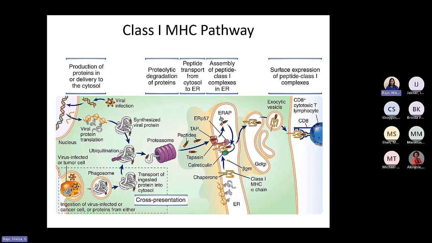So that's a good question. All nucleated cells are able to express whatever protein is being synthesized in the cell, and they're going to continue to sample those antigens and keep loading the class 1 MHC with those.